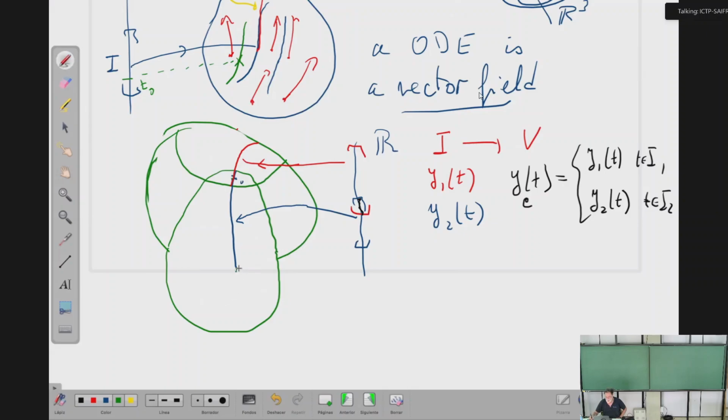I can stop at this point and say, okay, this is a nice point, the vector field is defined, so I can continue my solution from here. And this I can always do. That's what the theorem says, and we are going to see the theorem. This way we create the maximal extension, and this maximal extension is unique.